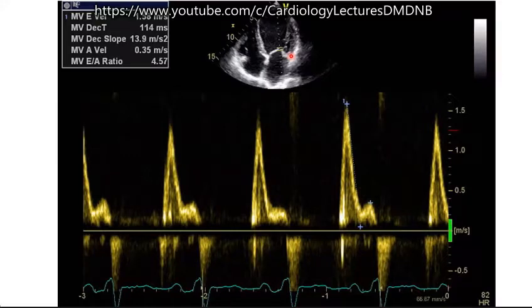Here it is given, the mitral deceleration time is 114. Normal is, it is less. Sir, I don't remember the exact deceleration time. Anybody would like to say what will be the normal deceleration time?